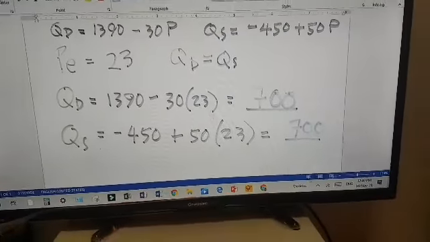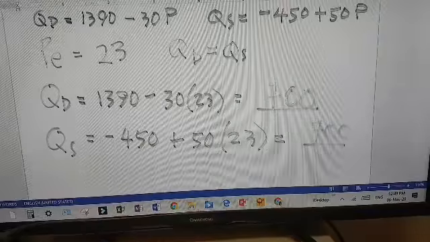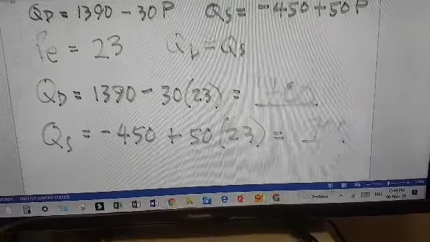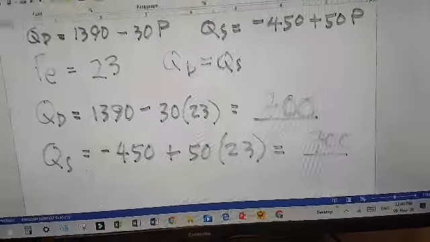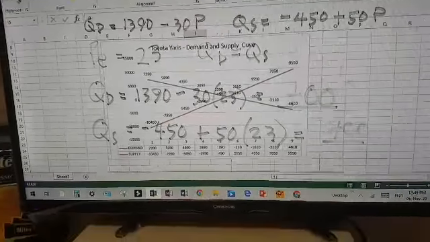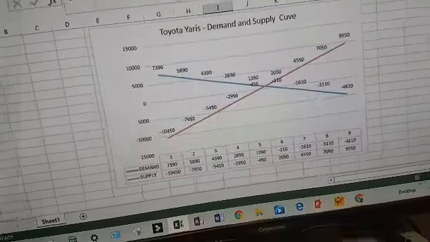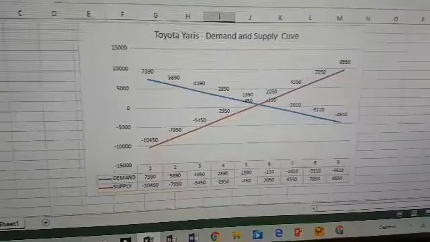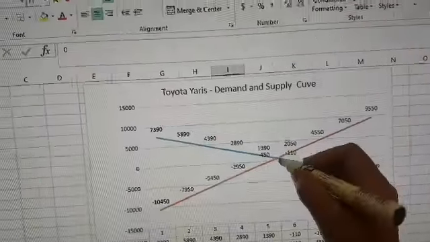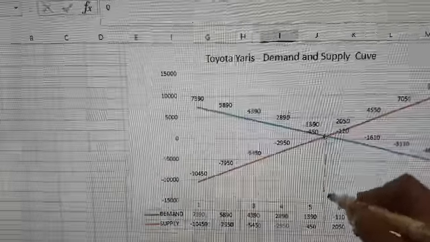All right, so the QD here will be the quantity, and the PE will be the price. So let's go to our graph. I will erase this one. All right, so what does it mean? From the intersection, we're going to bring down that point here.